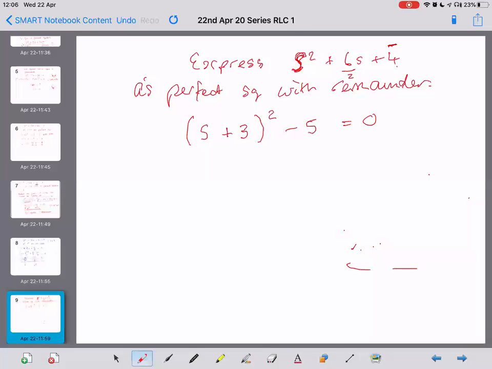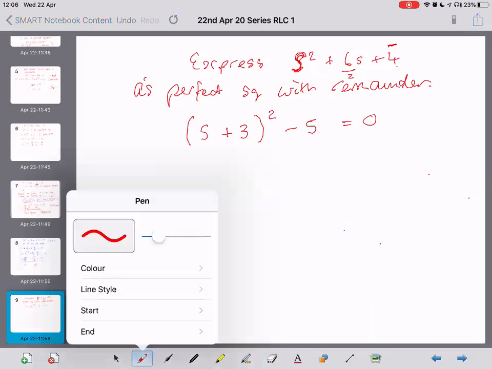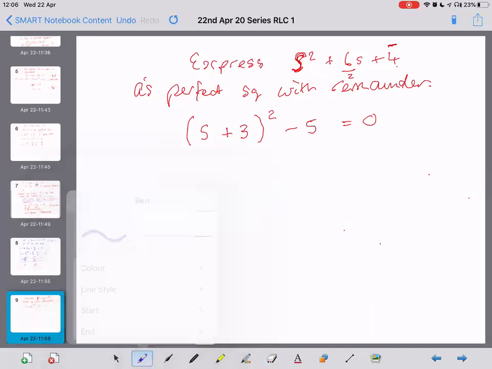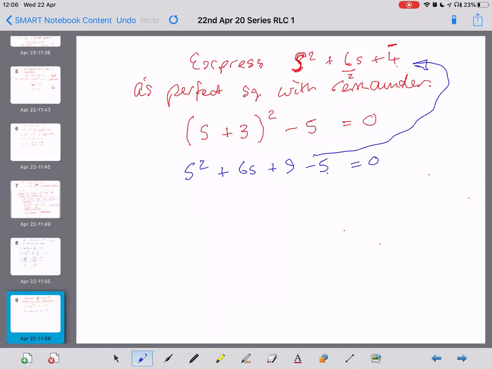If we just multiply this out now, you'll see what I mean. Multiplying out the s plus 3 squared term, we get s squared plus 6s, plus 3 times 3 is 9, -5 equals 0, and that 9 minus 5 gives us the 4 we had up here in the first place.